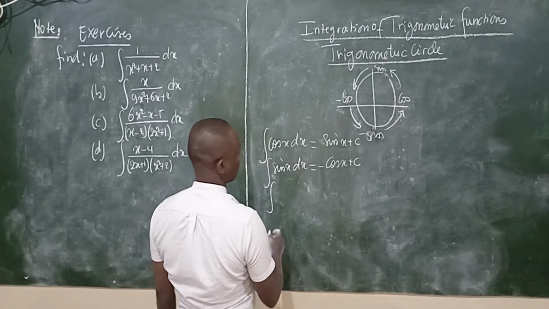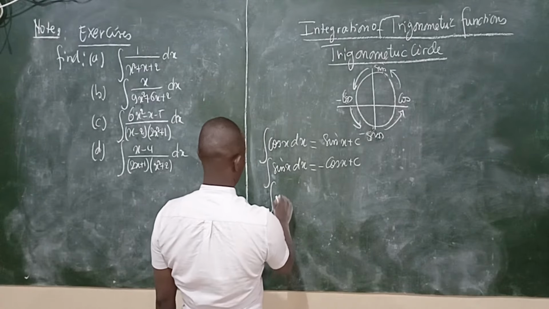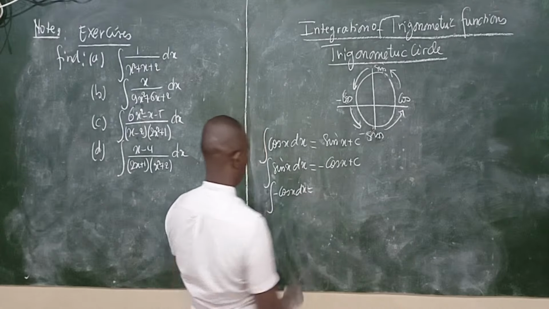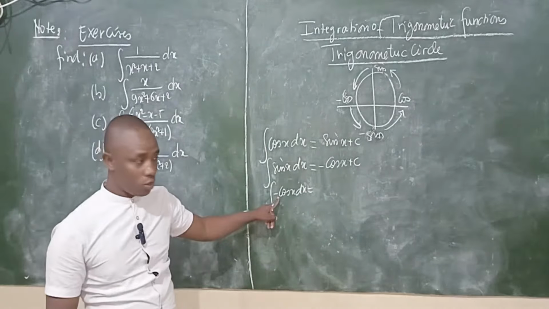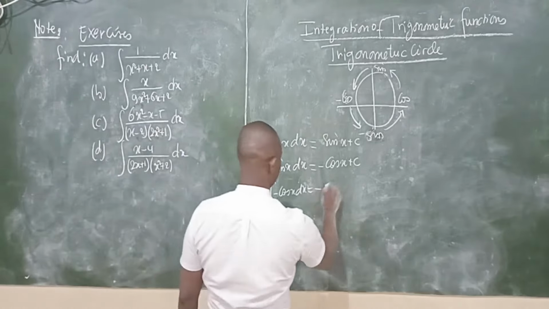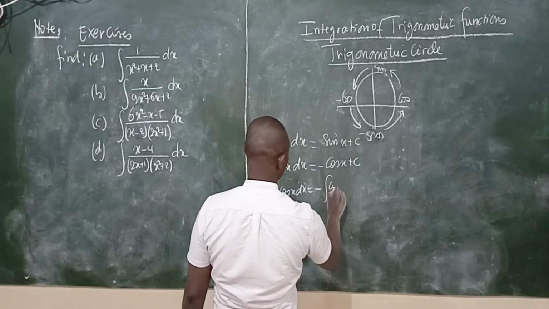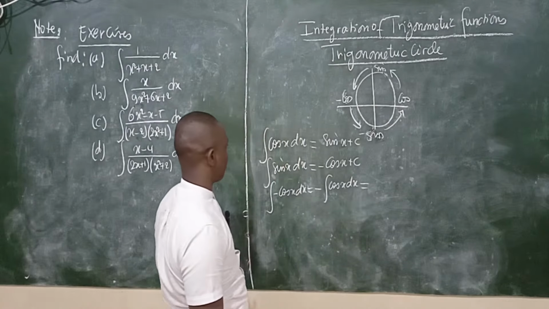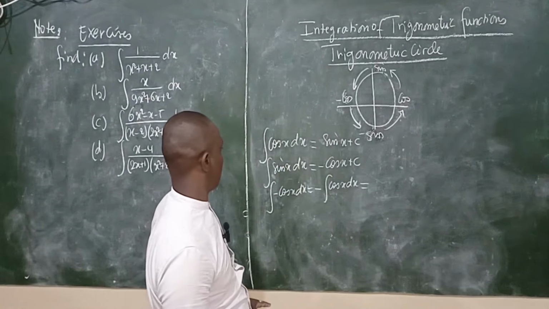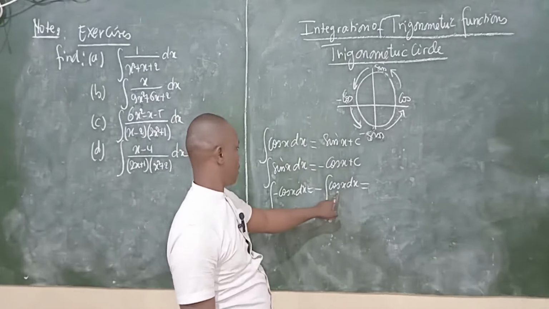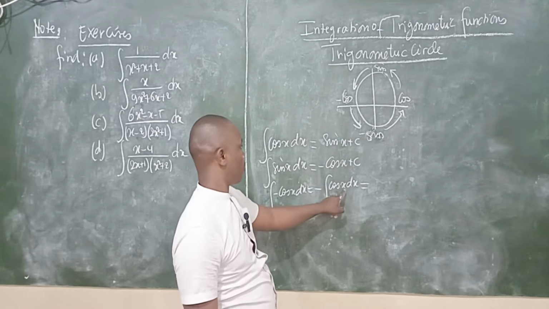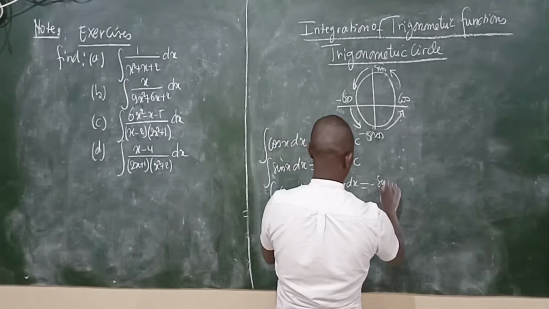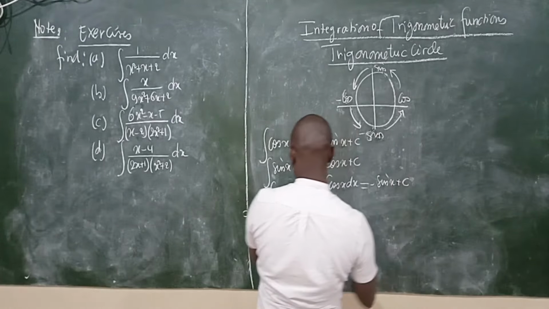The integral of minus cosine x dx, I can take this minus out of the integral sign to be minus the integral of cosine x dx. Since the integral of cosine gives sine, that is minus sine. Here we have minus sine x plus c.